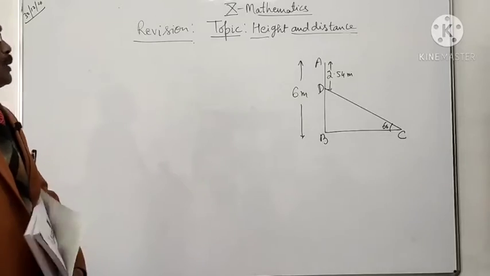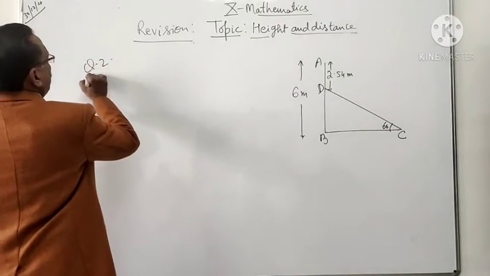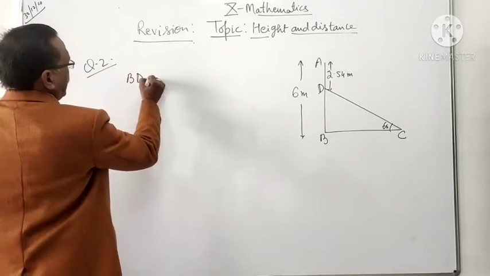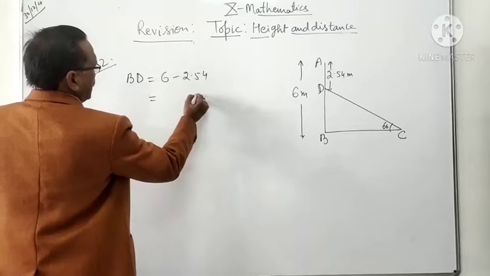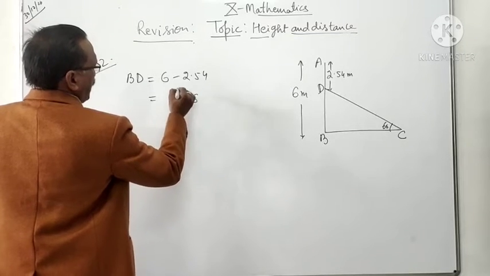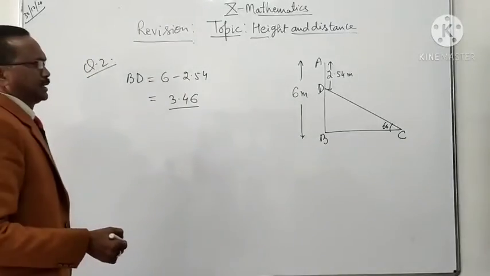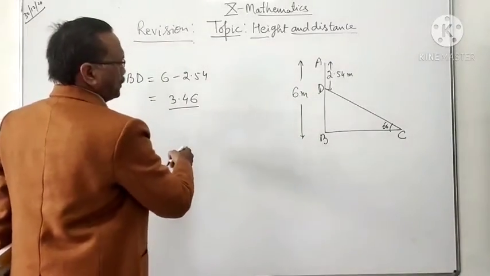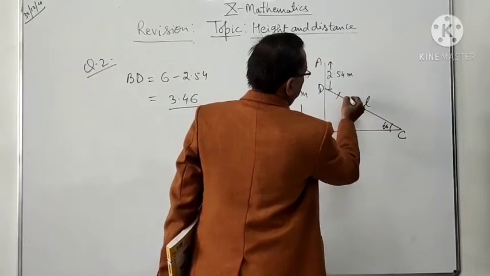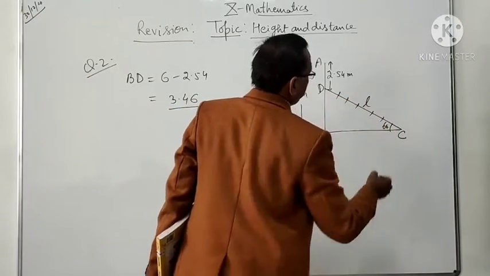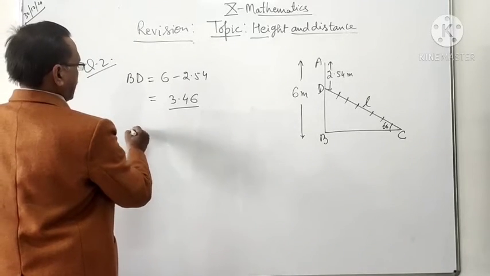So, student, we will find BD. This question number 2. Here BD equal to 6 minus 2.54. So it is 3.46. It is BD. Now, to find the length of ladder, let DC be the ladder and we will take the sine.